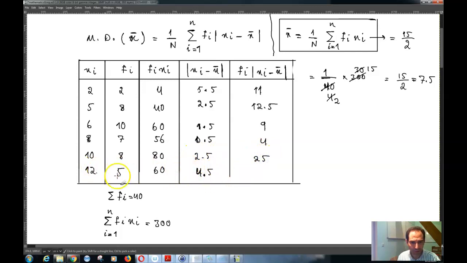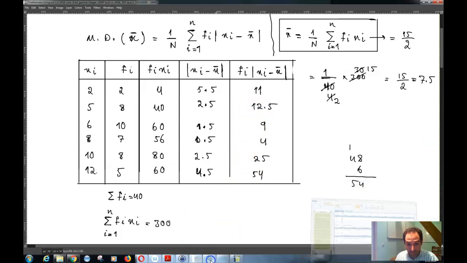And 12 times 4.5 is 54. Don't want to make mistakes, so let me check 12 times 4.5, which is equal to 54.